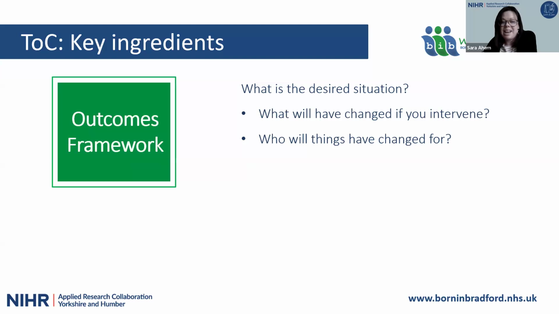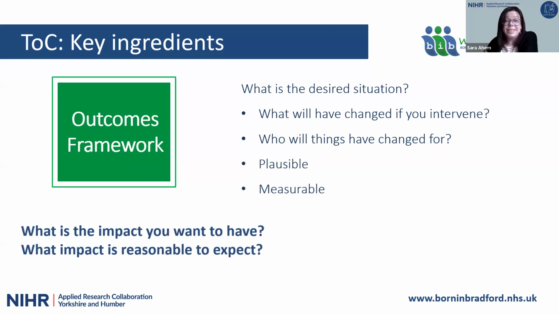Now, the key things that I always want to sort of hammer home when talking about outcomes in a theory of change and a logic model is that they need to be plausible and they need to be measurable. So if we want to use these tools to support evaluation, we need to make sure that it's realistic, and that we've got some source of measure or data for these things.